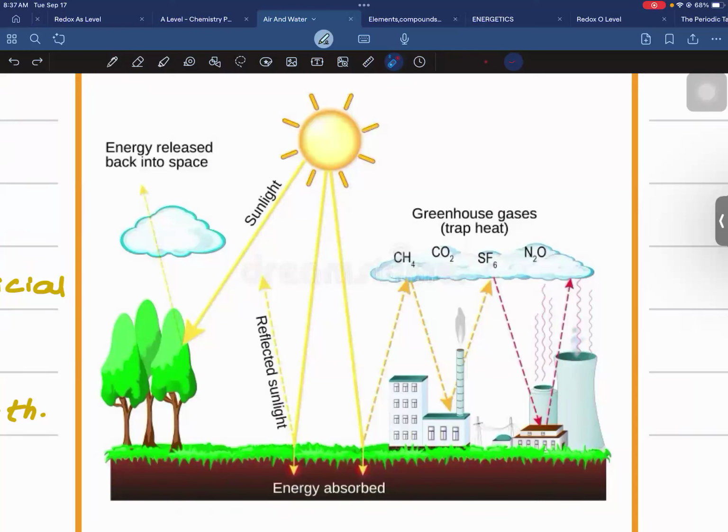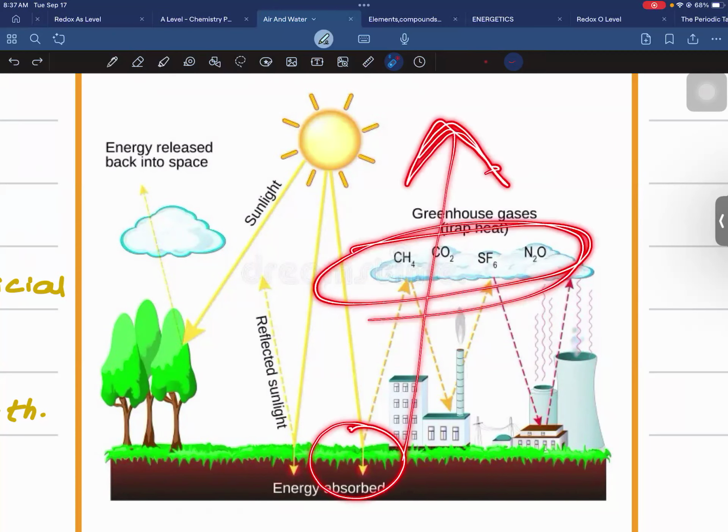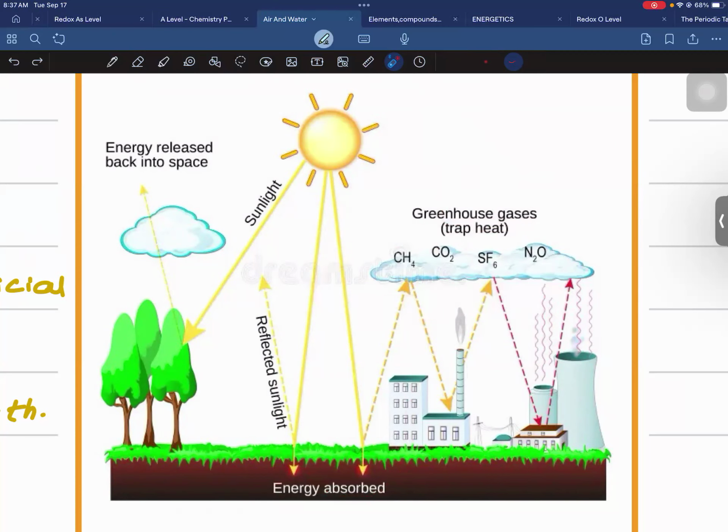But we have some gases that do not allow this energy to go back to space. Basically they trap the energy, and that energy is enough for us to live in this atmosphere. They balance the temperature of the environment.